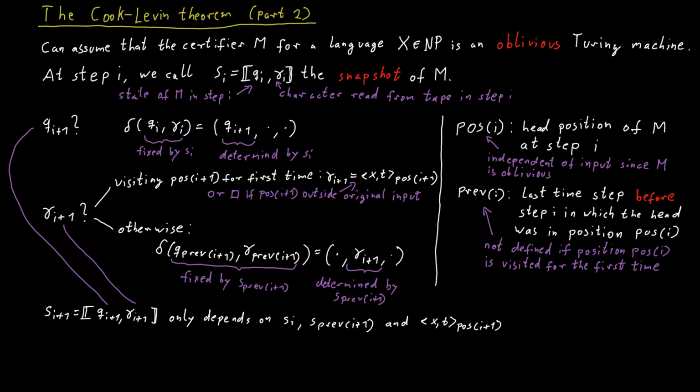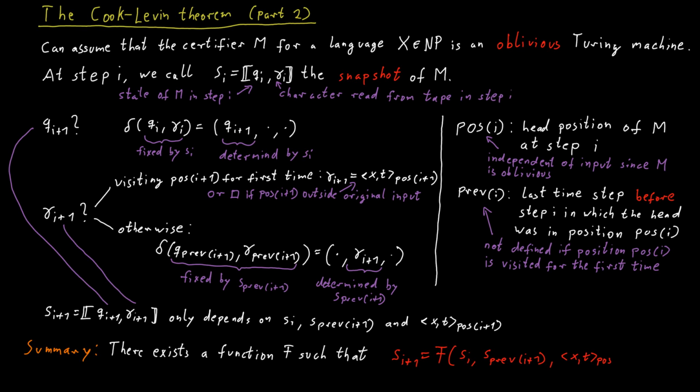How exactly this dependency works depends on the oblivious Turing machine and the transition function of that machine and so on. But there is some strict dependence on these things. So s_(i+1) is completely determined by these three things. So there is some function f that describes the relationship between s_(i+1) and these other three quantities.